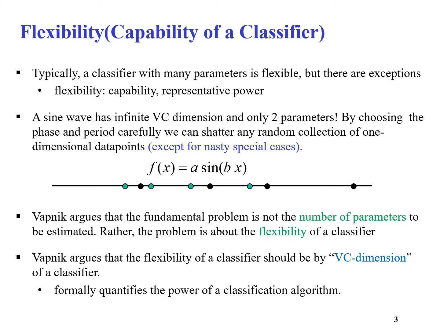If a classifier has a very high VC dimension, it means the classifier is very flexible, very capable, and it can represent very complex concepts. If a classifier has a very low VC dimension, then the classifier is very simple, not flexible, not very capable. That's the definition of VC dimension.